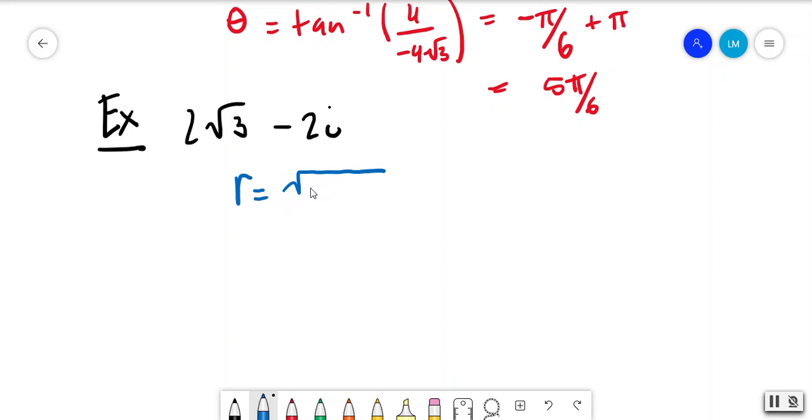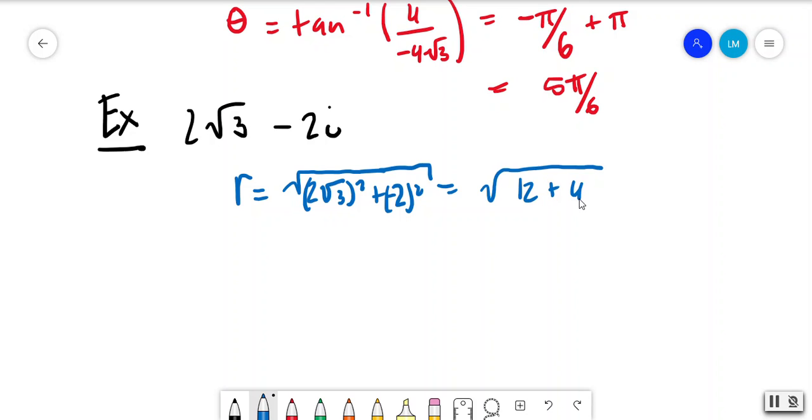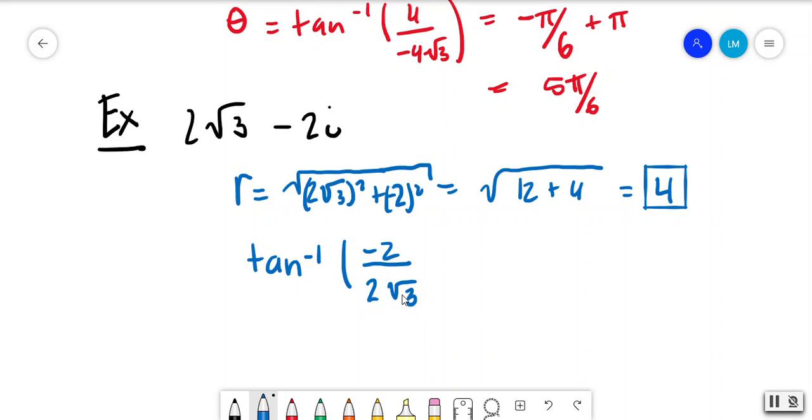So r is the square root of 2 root 3 squared plus negative 2 squared. That's 4 times 3 is 12, plus 4 is 16, so that's just 4. So the modulus is 4, but from there we need to find the angle. So we'll do tangent inverse of negative 2 over 2 root 3.